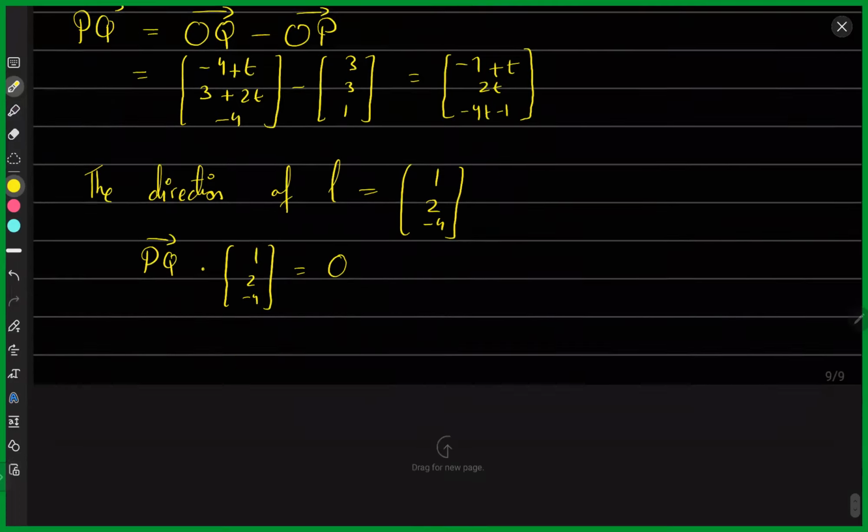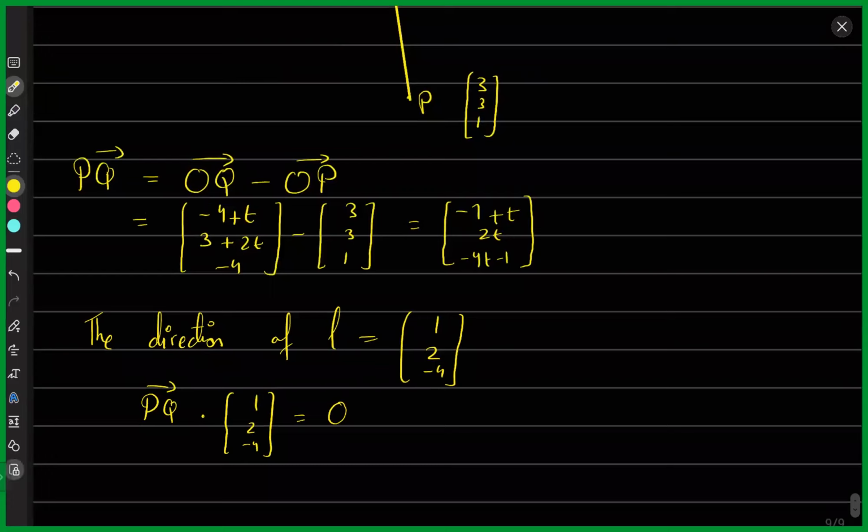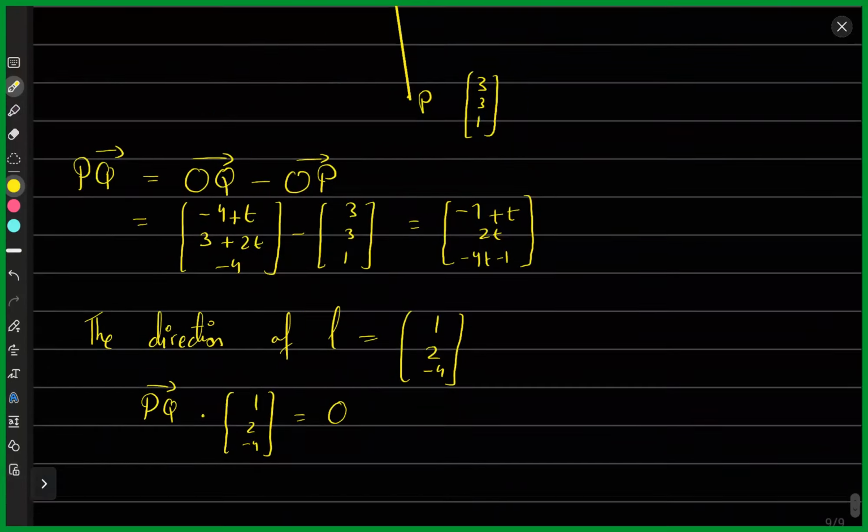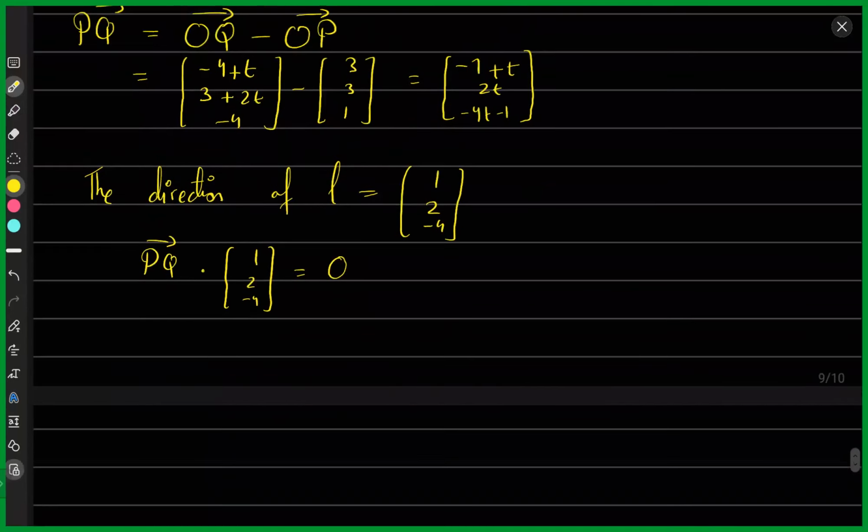And now let's plug in the values of PQ that we just got. Minus 7 plus T, 2T, minus 4T minus 1, dot 1, 2, minus 4 is 0.